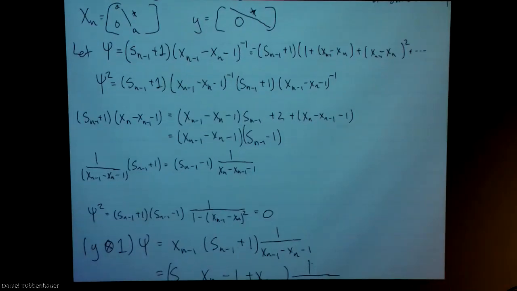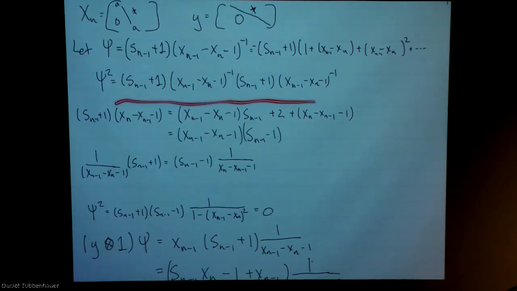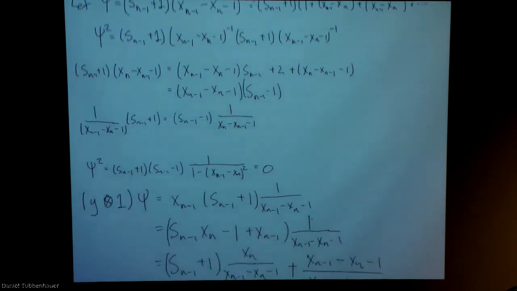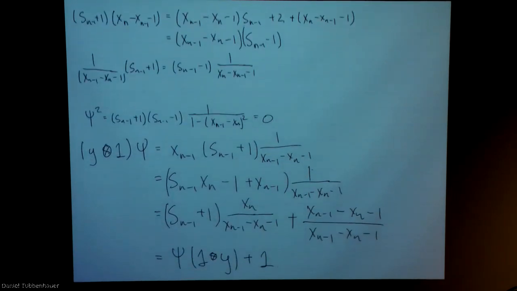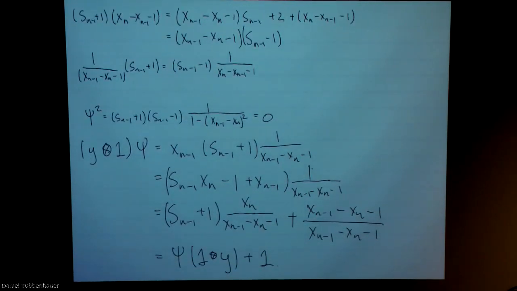The main interesting thing to check is why this guy squares to 0. Since I'm tight on time, you can all refer to the notes for how you do this calculation. It's one of those fun calculations to do once. It's using, in a really key way, these rules for how Jucys-Murphy elements commute past transpositions.